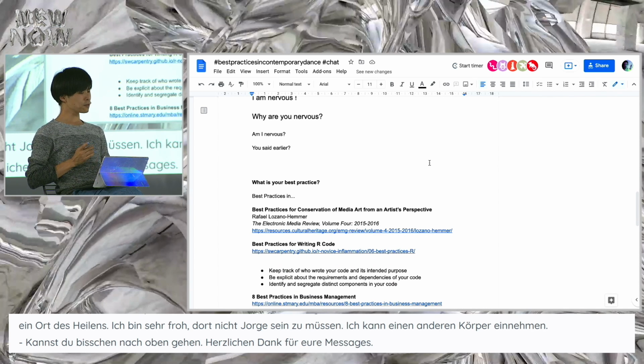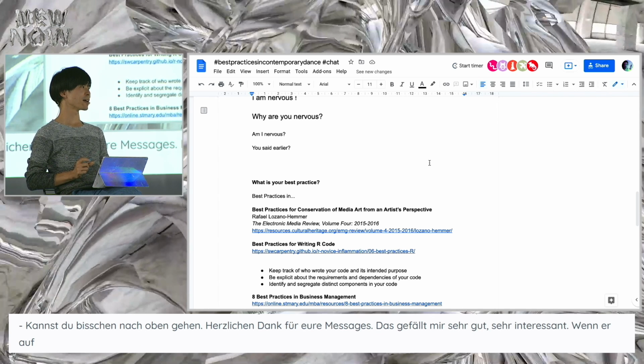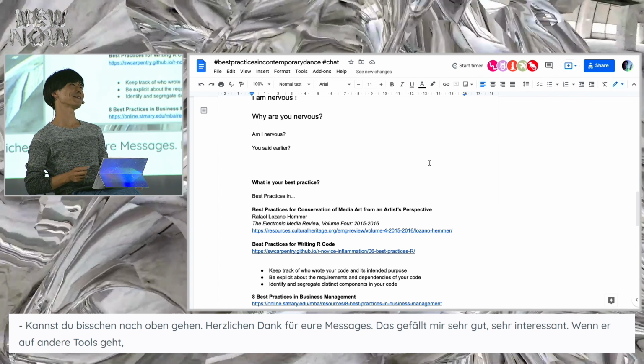But this is actually quite interesting. If you go to Google Docs or other tools, sometimes they use animals as anonymous users. I don't know if it's a smart way of bypassing, but basically there's no gender, there's no race.